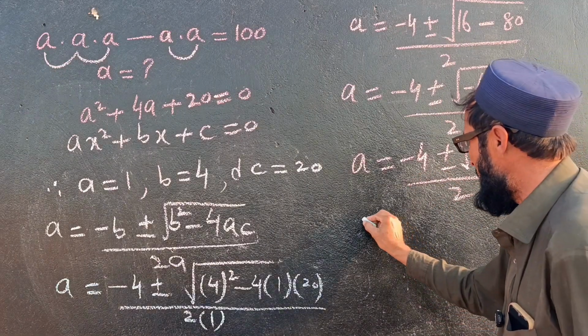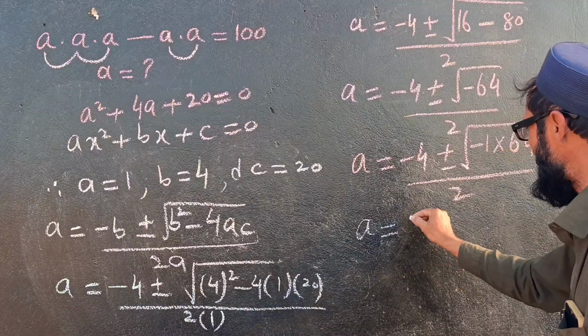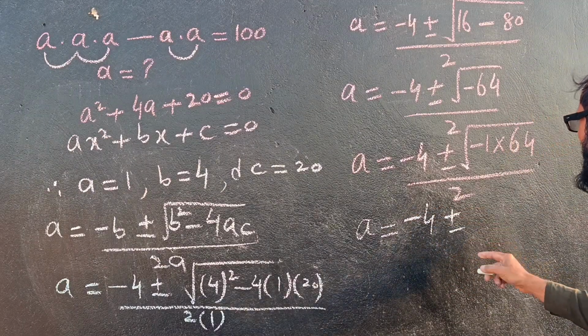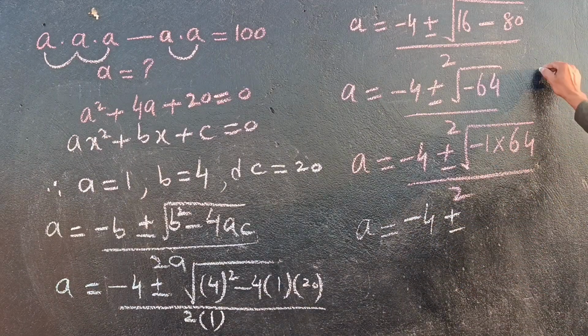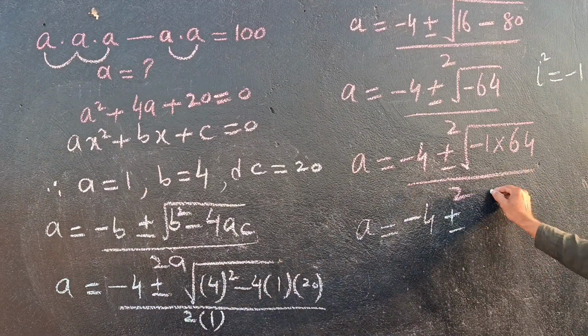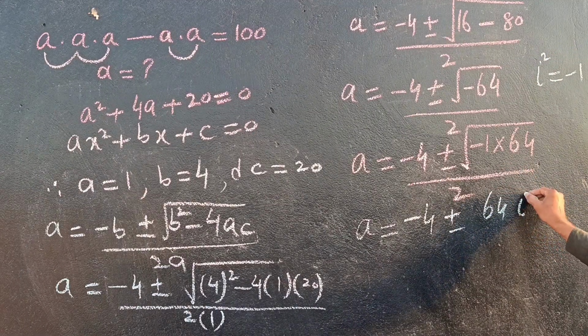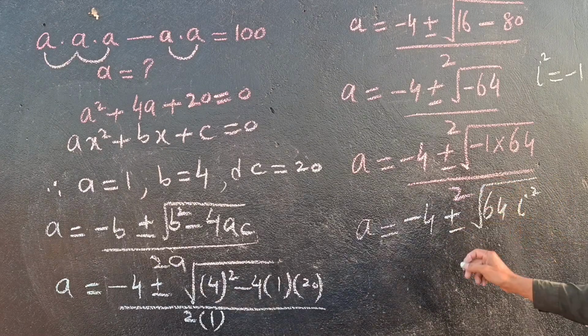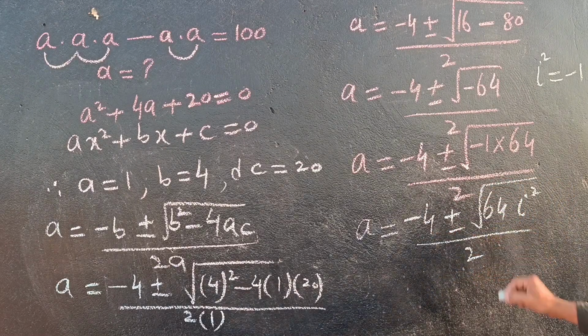Further we can simplify: in place of minus 1 we put iota square, since iota square is equal to minus 1.